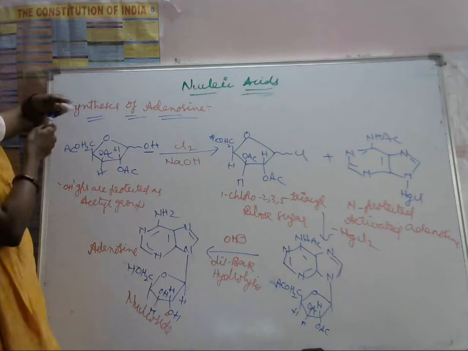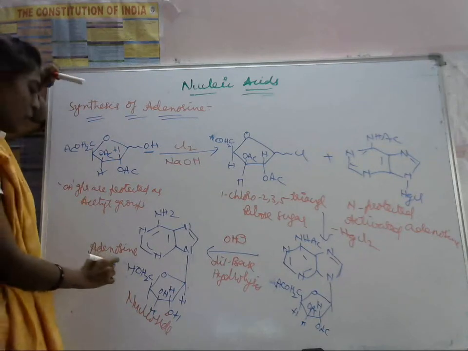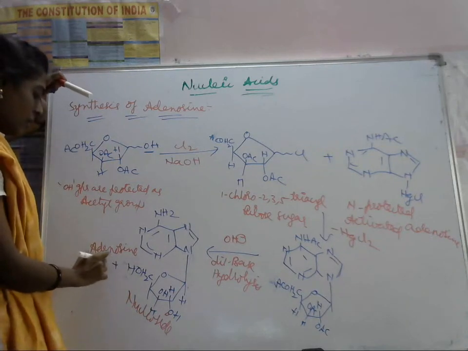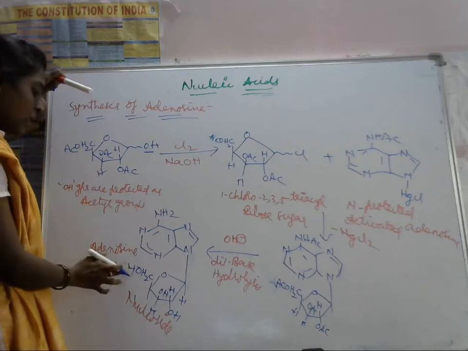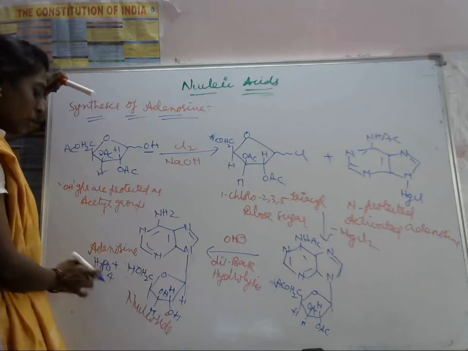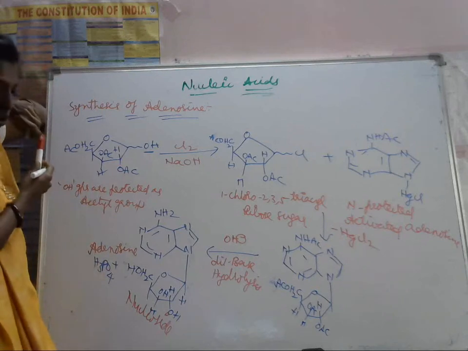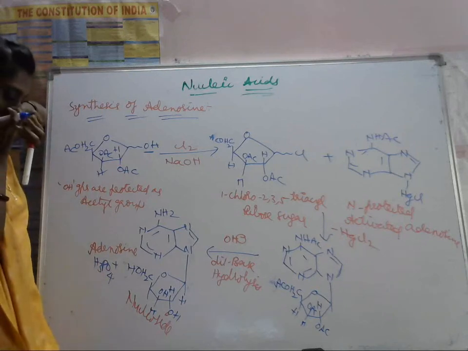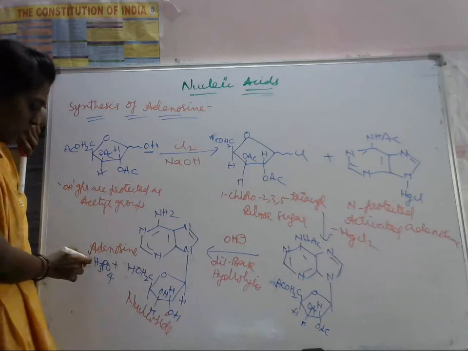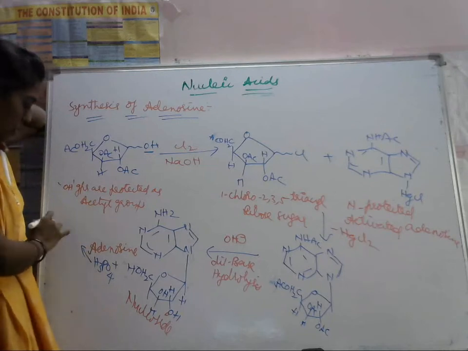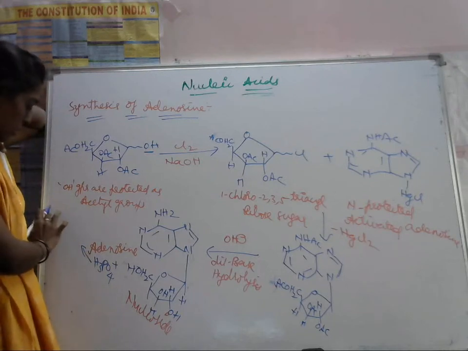If you add H3PO4 to this one, what will happen? This hydrogen is replaced with this phosphate group and forms the nucleotide. So let's see how it will be present.